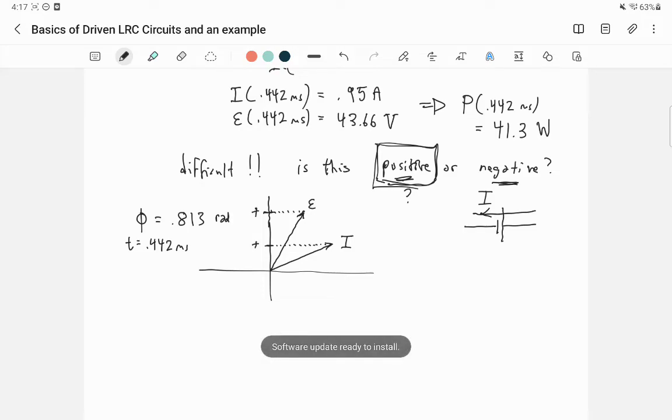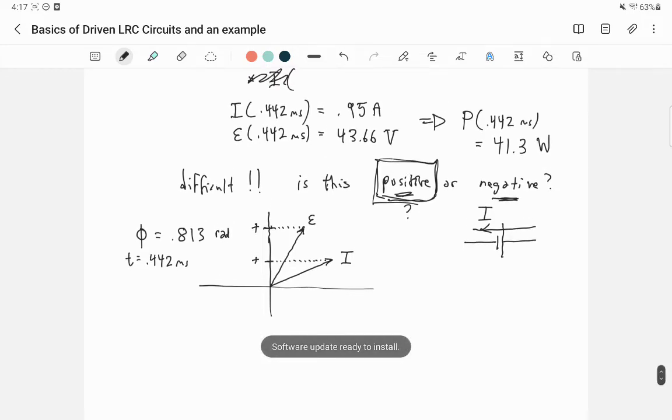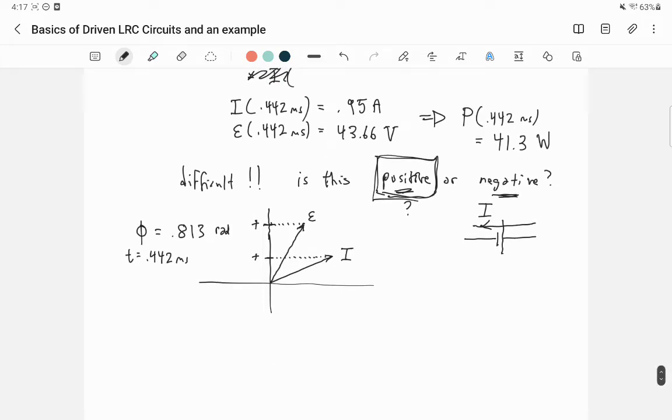Okay. What's interesting is if you keep track of the inductor voltage, it's 90 degrees in front of the current, but the capacitor voltage, we should expect the capacitor voltage to actually be negative when the inductor voltage is positive.